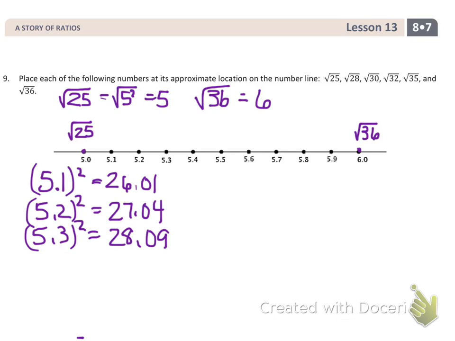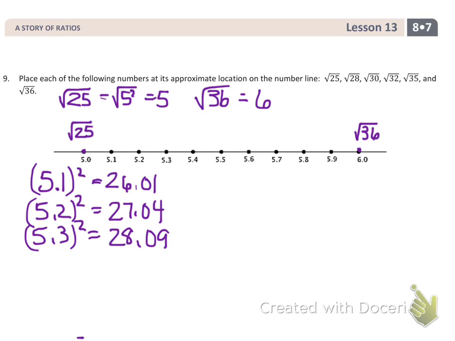So now I know where the square root of 28 will lie. It will lie somewhere between 5.2 and 5.3, right in here, because 28 is between here.